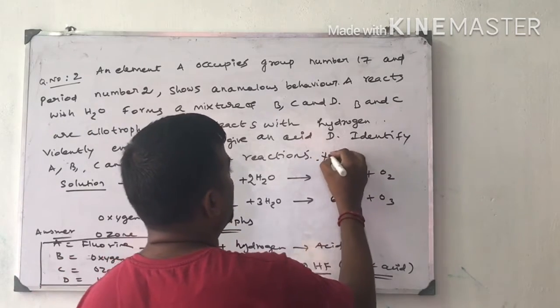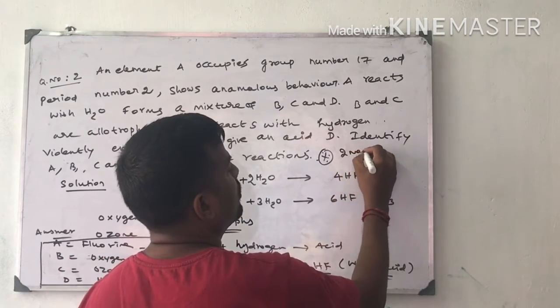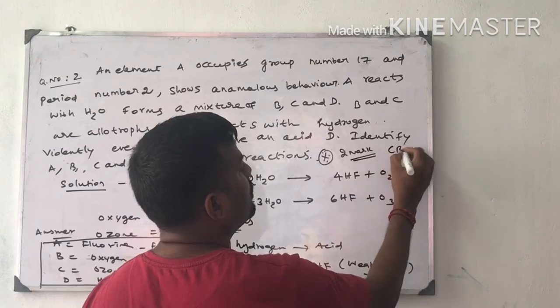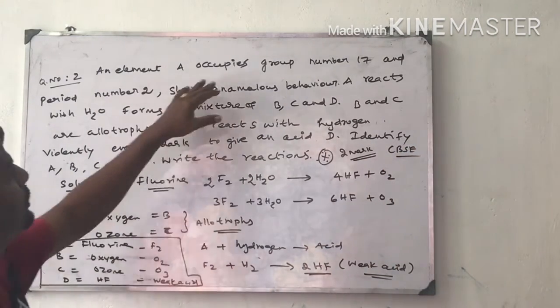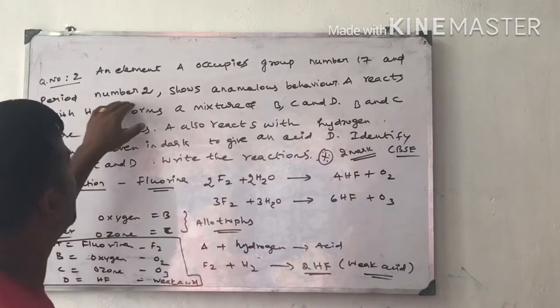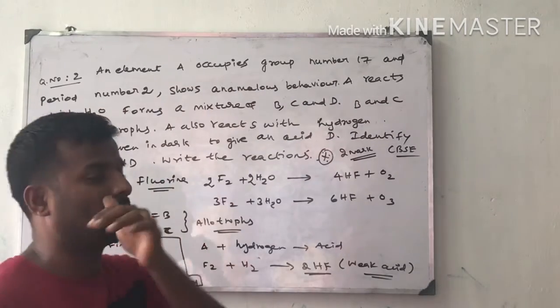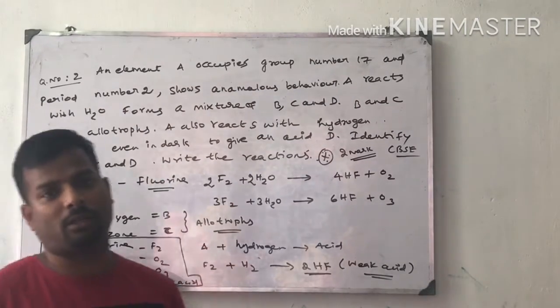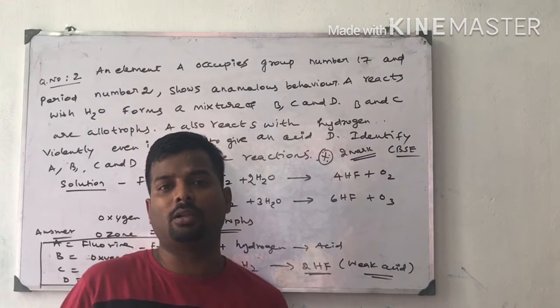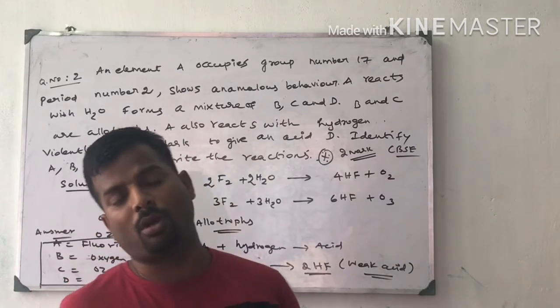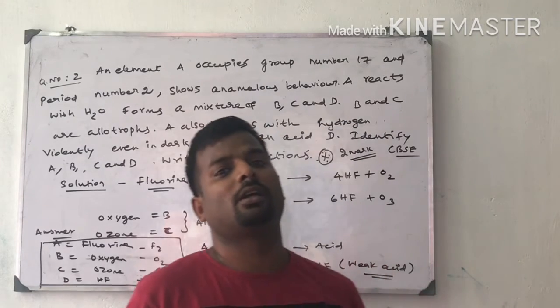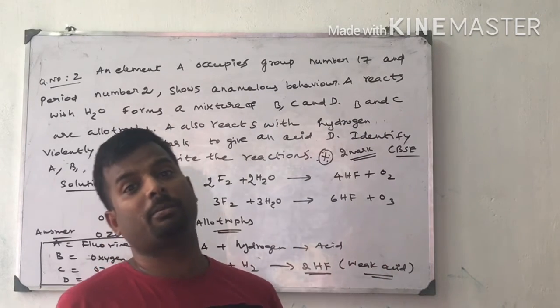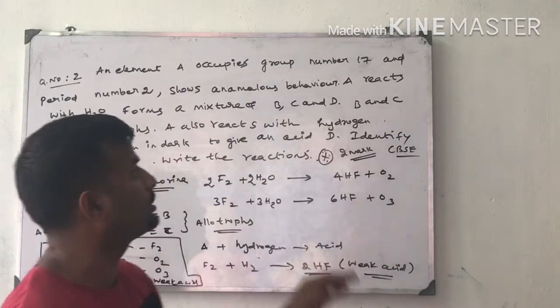This is an important 2-mark CBSE question. An element occupies group number 17 and period number 2 and shows anomalous behavior. We know that all the elements in period number 2 have very small size, high electronegativity, and absence of vacant d orbitals, so all those anomalous characters are there.